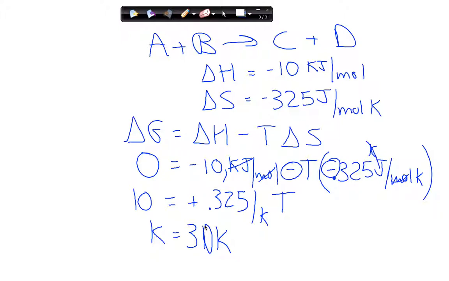Diminish it. So at what temperature range would it be spontaneous? Less than 30 Kelvin. So guys, the idea then is that we would say this reaction is spontaneous at any temperature less than 30 Kelvin. And it's not inclusive. It's not 30 Kelvin and lower, because at 30 Kelvin, it's actually at equilibrium.